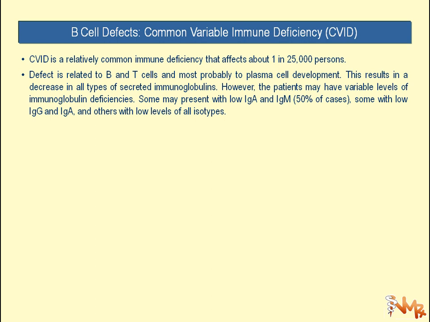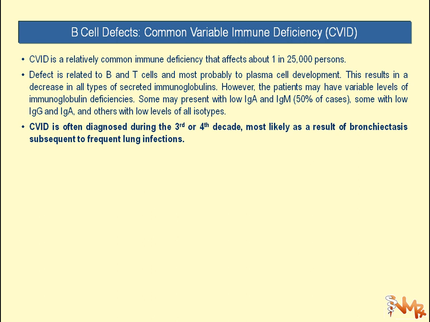This results in decrease in all types of secreted immunoglobulins. However, the patients may have variable levels of immunoglobulin deficiencies. Some may present with low IgA and IgM, 50% of the cases. Some may present with low IgG and IgA, and others with low levels of all isotypes. Hence the name variable immune deficiency.